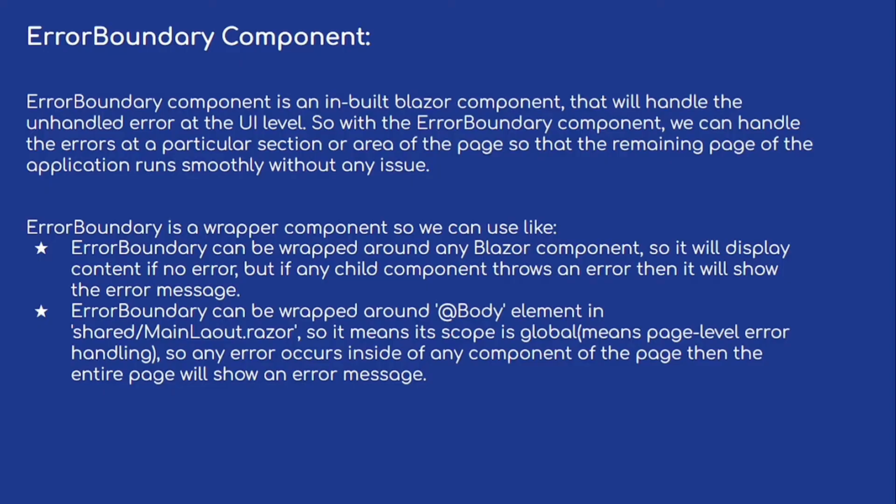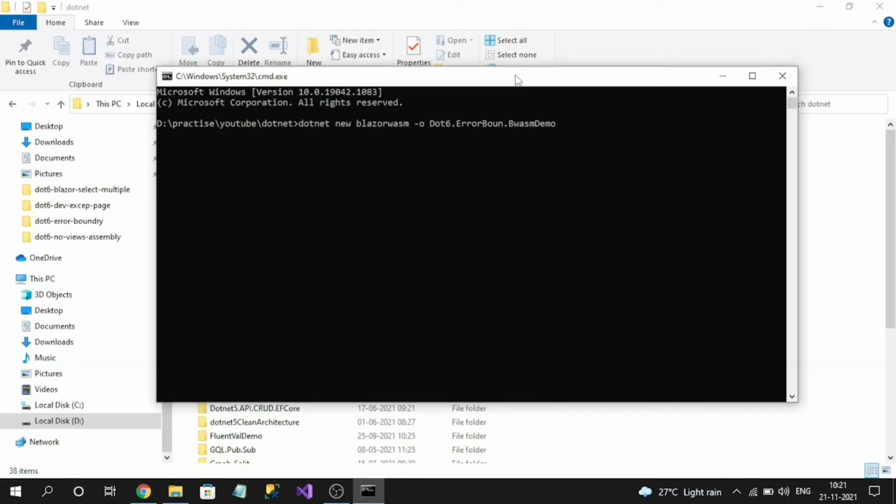Now I want to create a Blazor WebAssembly template. This error boundary can be used either in Blazor Server or WebAssembly. In this demo, I am creating a Blazor WebAssembly template. Here I am using the .NET CLI command to create the .NET 6 project. The command is dotnet new blazorwasm -o, and you have to specify the name of your project.